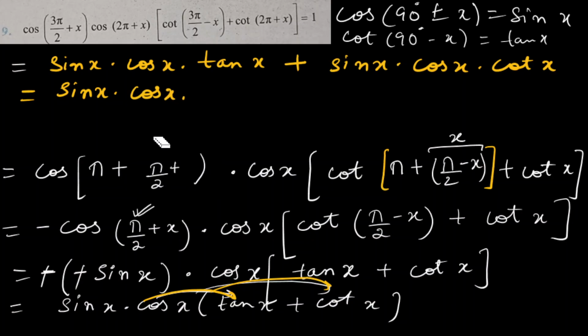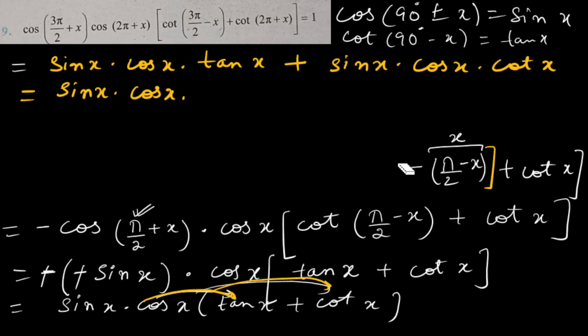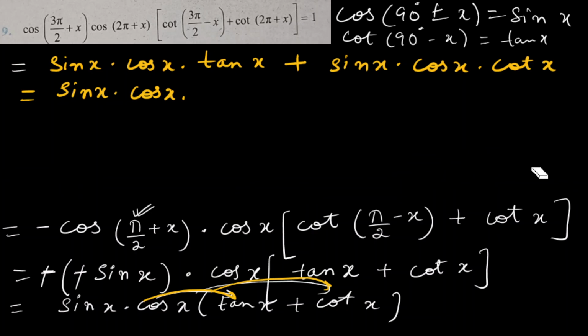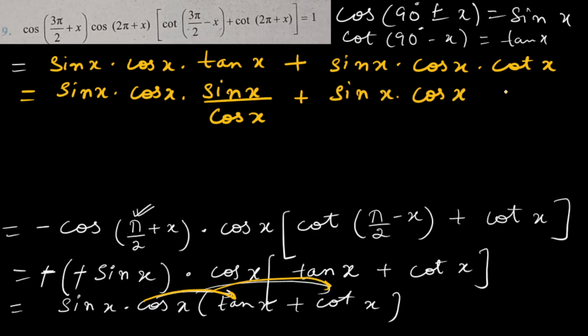I'll just use quotient relation here. Tan x I'll just write in terms of sine and cos. So tan x is equals to sine x by cos x. Quotient relation I am using here. Here sine x I am writing as it is, cos x I am writing as it is, cot I am writing as cos x by sin x. So again quotient relation I have used here. Here cos and cos will get cancelled.